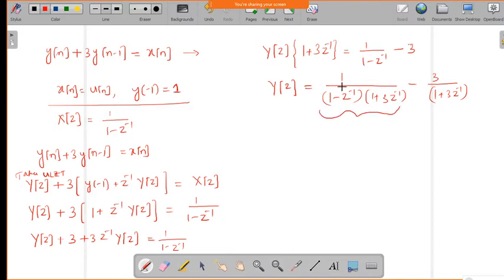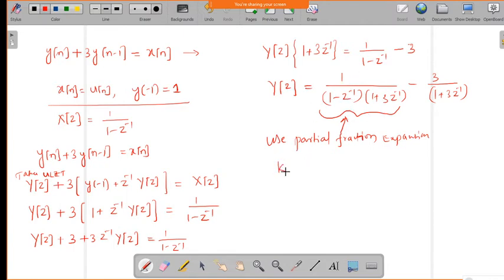Only for this factor you have to find out using partial fraction. So for this one, use partial fraction method and find out the values of k1 and k2.